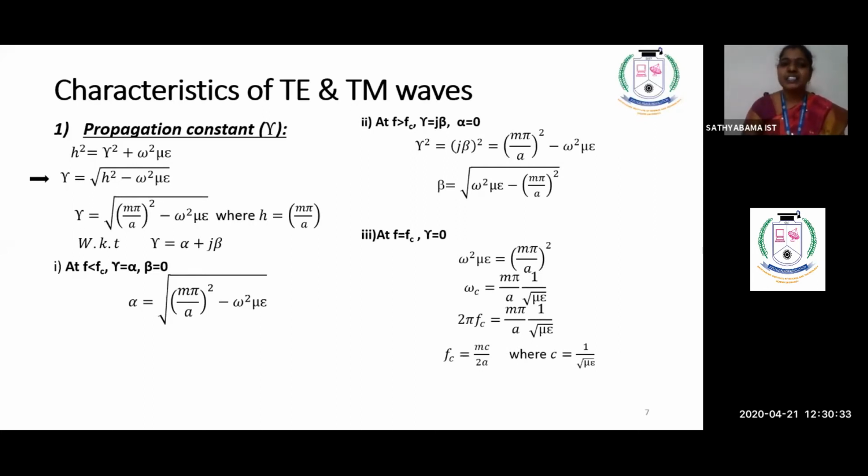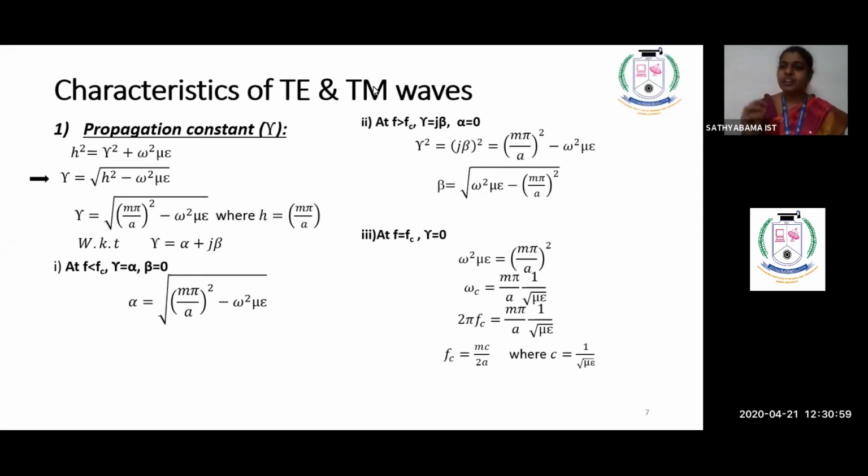The next characteristic is the propagation constant. The propagation constant tells you how the wave is propagating. Whether the wave is propagating or not is understood only from your propagation constant. What is the standard formula for the propagation constant? I know everyone knows. What is gamma equal to? It is alpha plus j beta. What is alpha called? Alpha is called the attenuation constant. What is beta called?